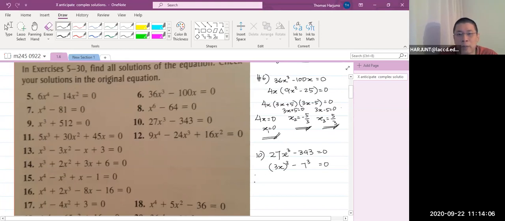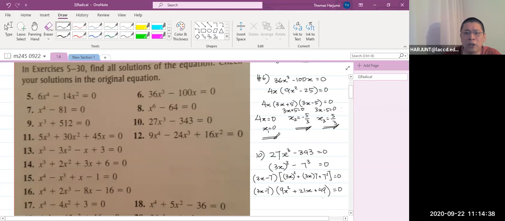Then I will factor by difference of cubes. That is 3x minus 7 times 9x squared plus 21x plus 49 equals 0.